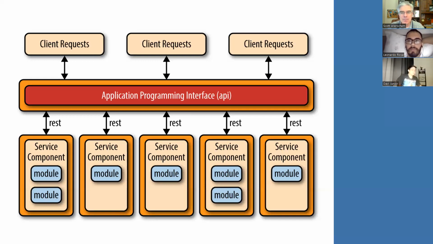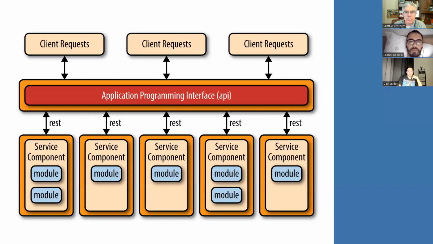By its nature, it handles a lot of the shortcomings of other architectural patterns. So take the agile model of continuous delivery, where you need to be able to always be ready to deliver the application.